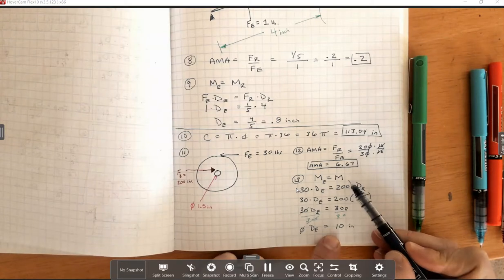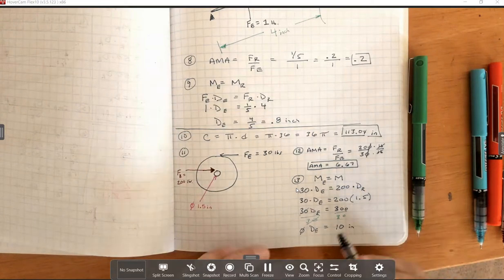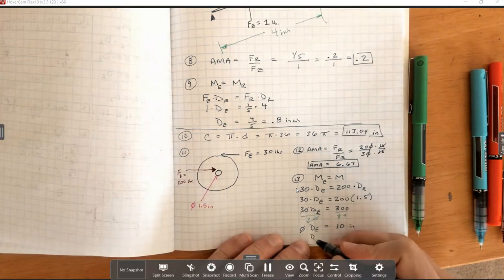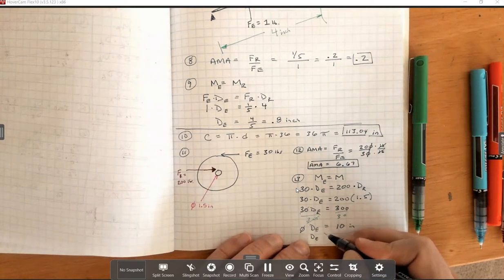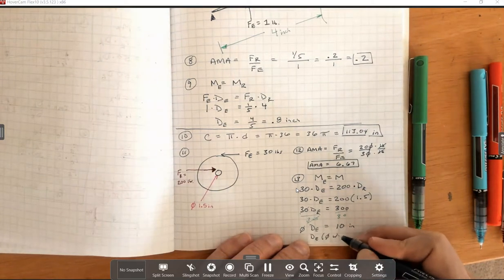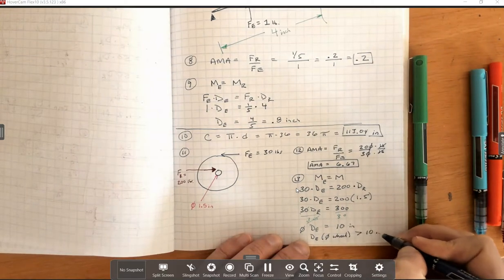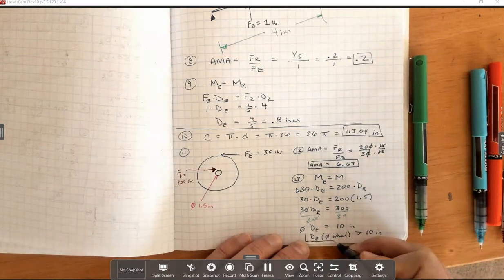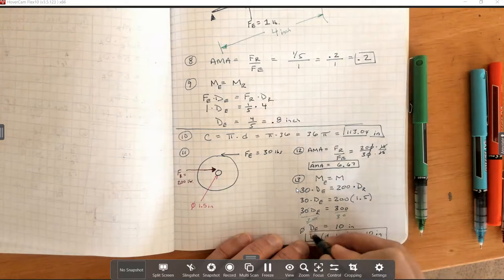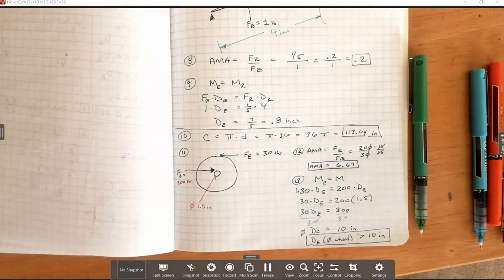So that means our wheel and axle system would be balanced, but we want to overcome, so we need DE, or the diameter of the wheel, to be greater than 10 inches. That's it, greater than 10.